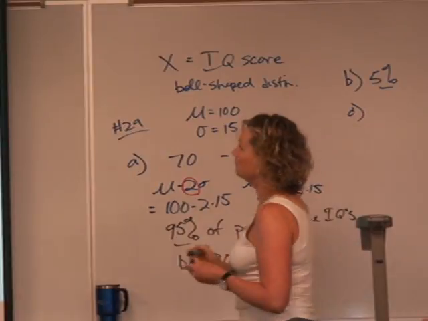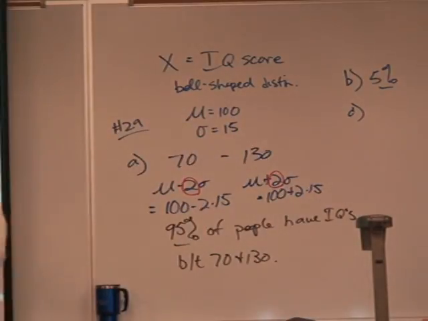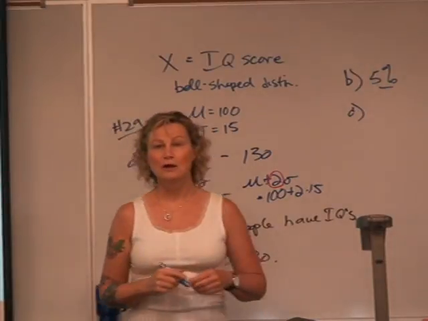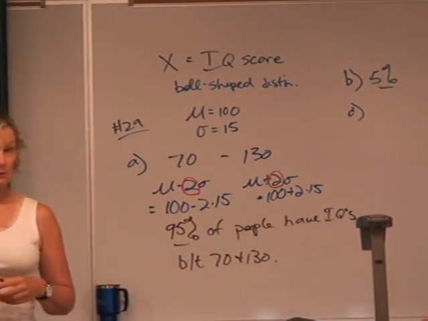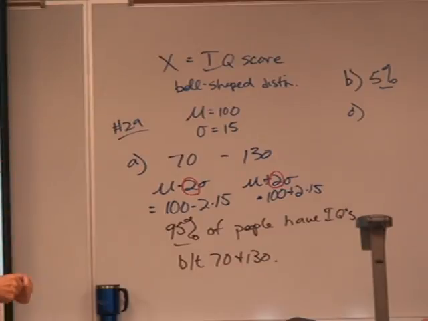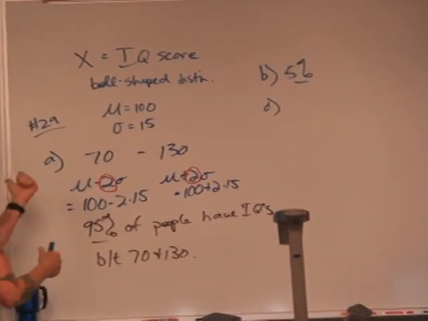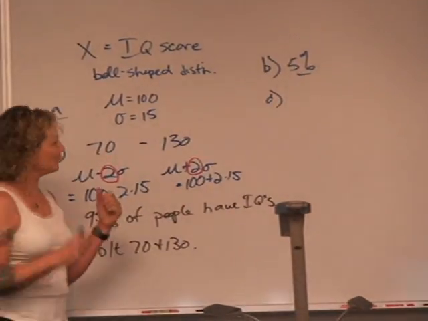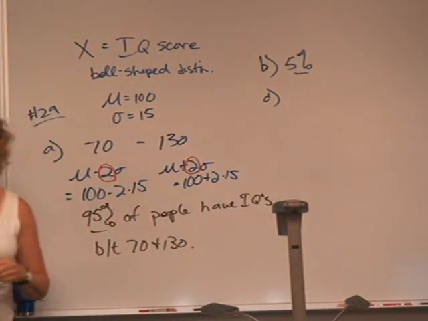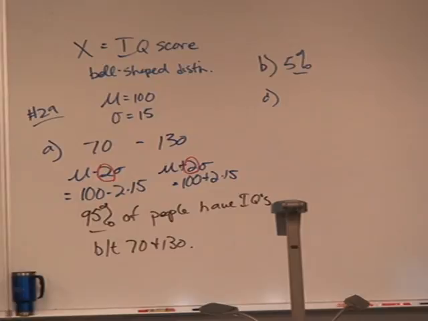And part C, what percentage of people specifically have IQs greater than 130? What do you think? 5% less than 70 or greater than 130. So how many specifically greater than 130? 2.5%.